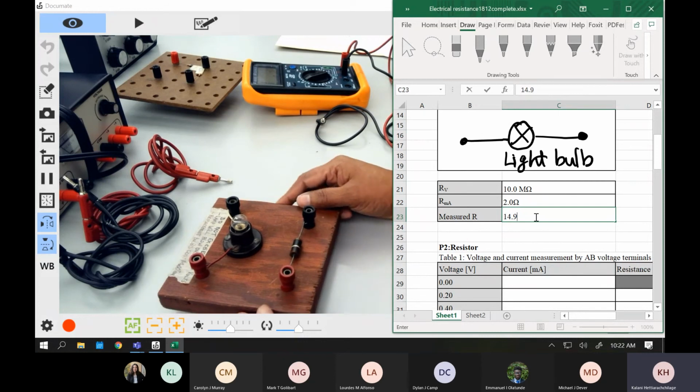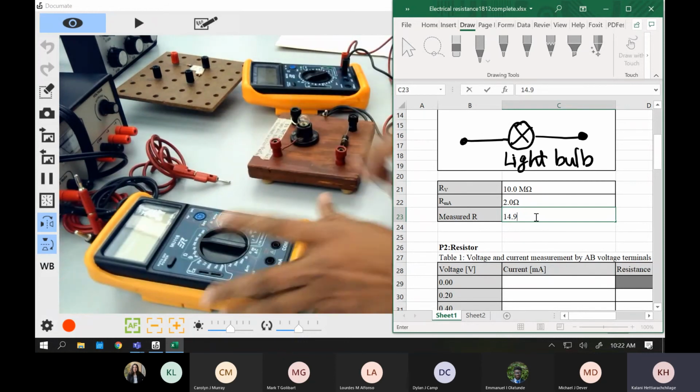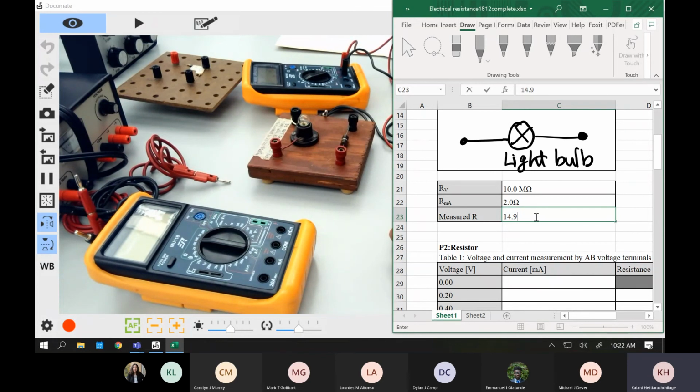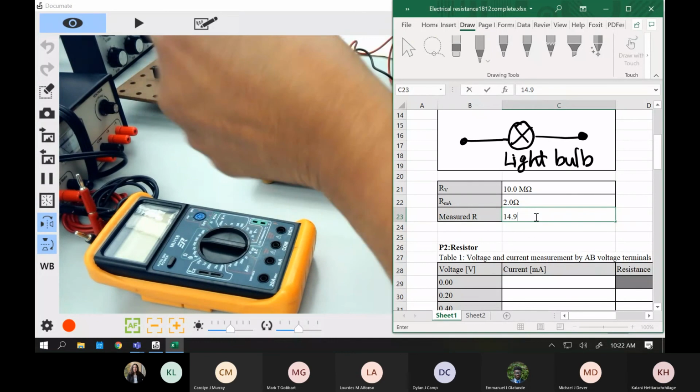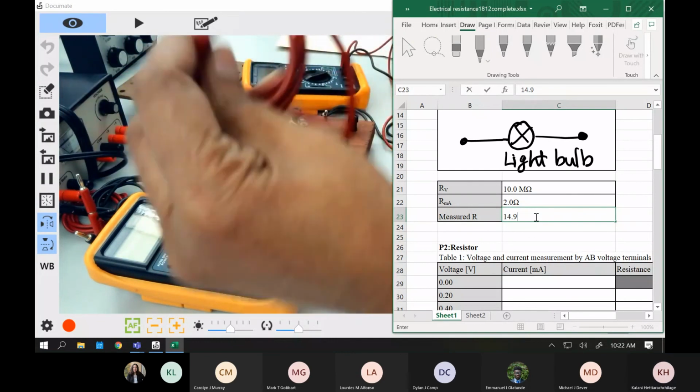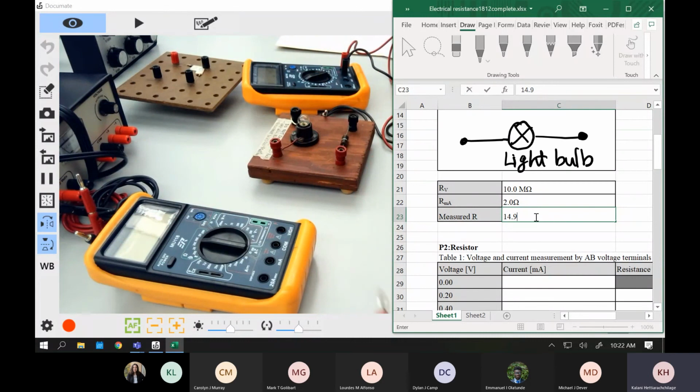Okay, so now to do that, you have the other multimeter. The other multimeter we're going to use to measure the current, right? So now you guys can take another red. So we're going to measure the current.